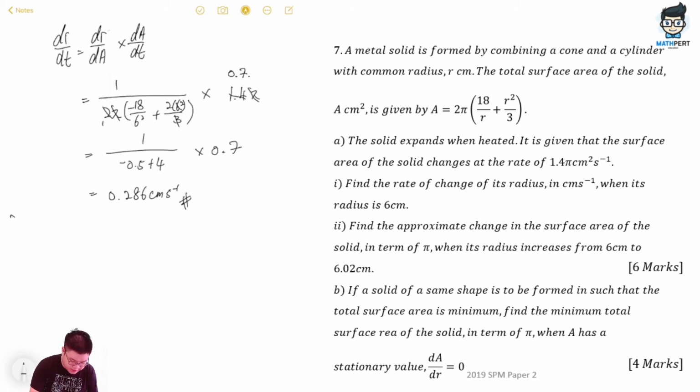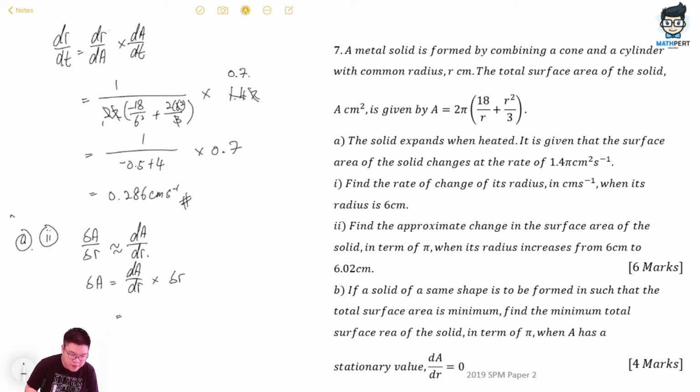This is an approximate change, so δA over δr is approximately dA/dr. We are looking for the approximate change in surface area, that is δA, so δA is equal to dA/dr multiplied by δr.